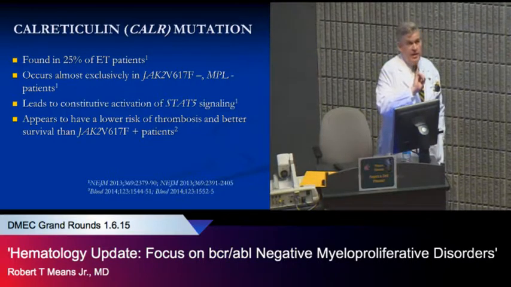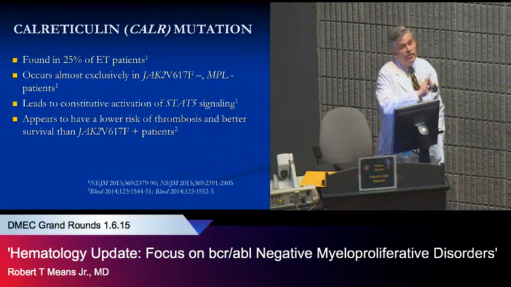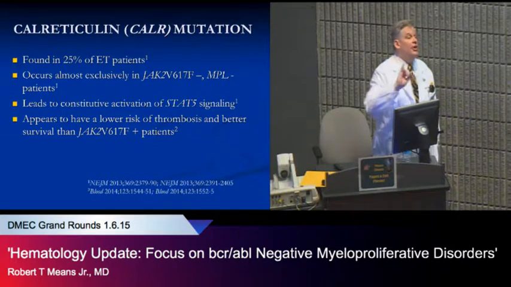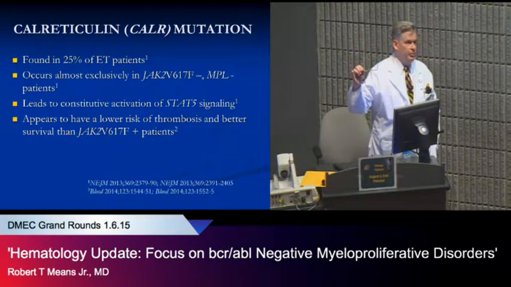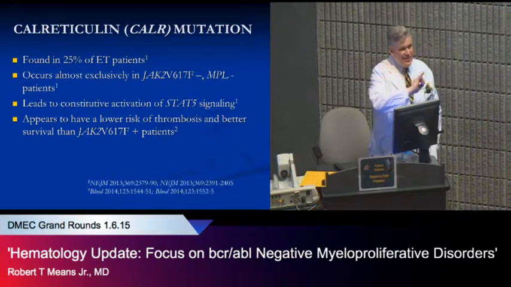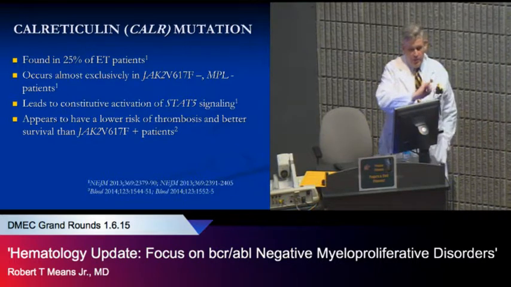You may, and this is some new information that came out, have a slightly higher risk of evolving to a post-myeloproliferative disorder marrow fibrosis. But that's not quite clear at the moment.